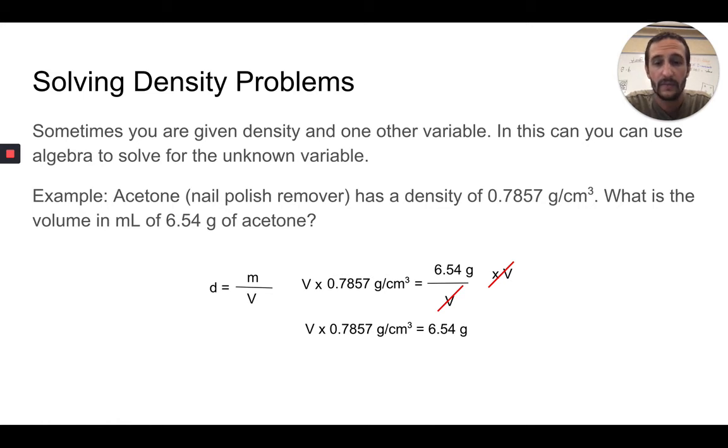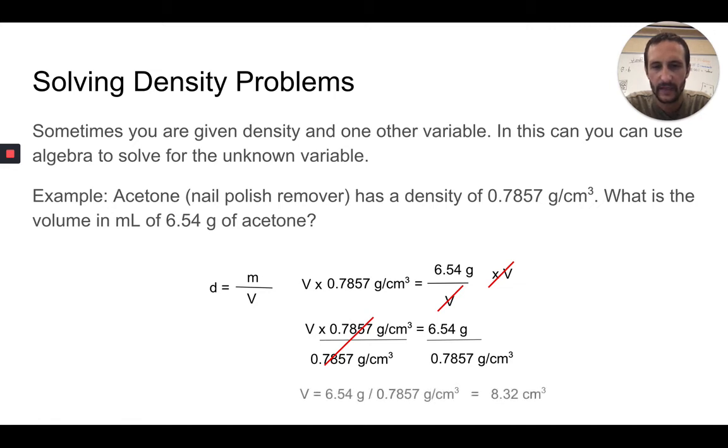We still need to get volume by itself, so there's one more step. I have to divide both sides by that density value. The density cancels this time on the left side, and what you're left with is volume equals 6.54 grams divided by 0.7857 grams per centimeter cubed.